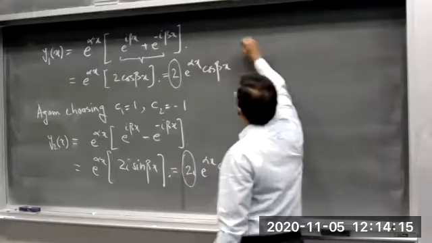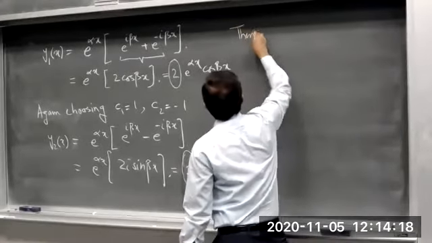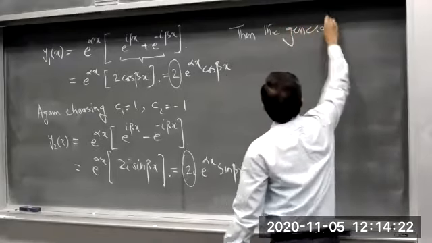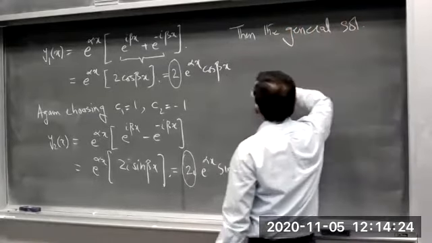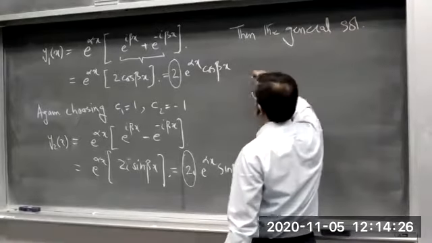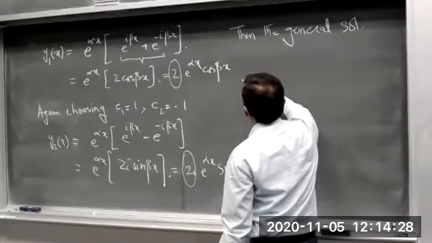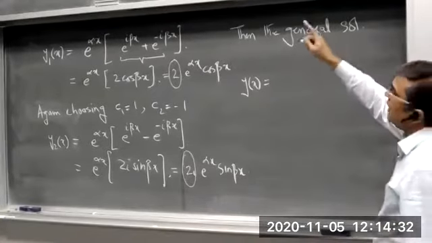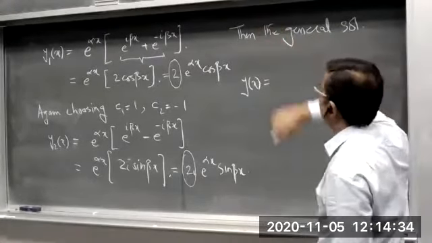Then the general solution of the given ODE can also be written in this form, which is a more simplified form of the general solution as compared to the one which we have written earlier.